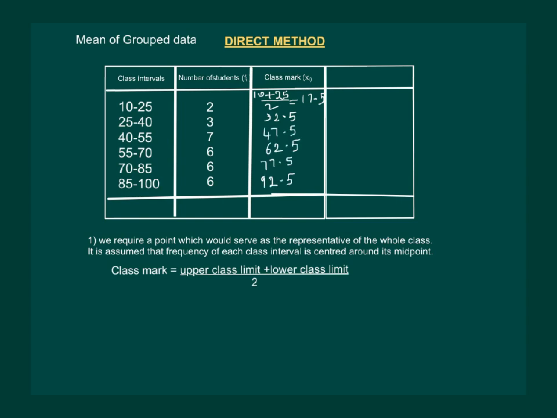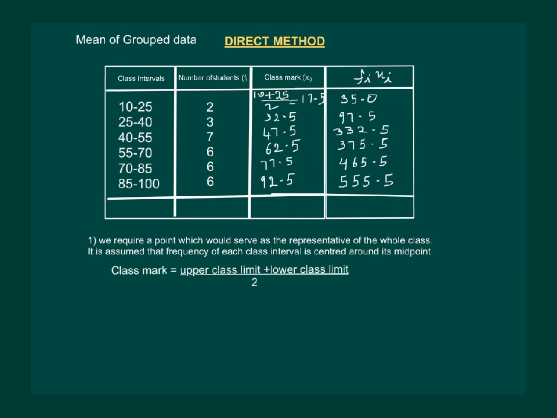Once the column is complete, we need to find fi into xi, that is product of corresponding frequencies and the class mark. We get 2 into 17.5 equal to 35.0. 32.5 into 3 will give us 97.5, and so on. Let us complete the column.